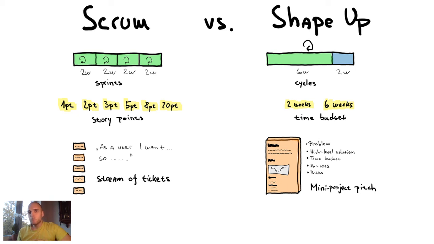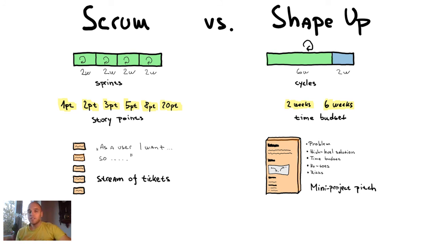And again, if you compare it to Shape-Up, they're doing it a completely different way. The product person should prepare a mini project pitch that basically describes what needs to be achieved during the next 6 weeks. Usually it's those 6 weeks, but it could also be a smaller project of 2 weeks, and then the team is working on 3 smaller projects in that 6-week cycle.